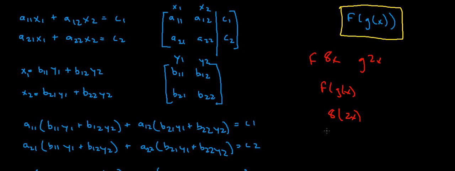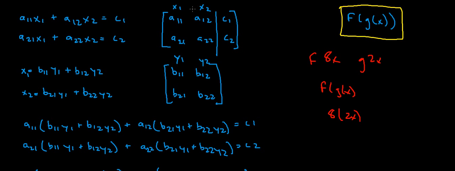So I'm going to continue with this idea, and we'll start over here with just this bland system of equations. a11 times x1 plus a12 times x2 is equal to c1. a21 x1 plus a22 x2 is equal to c2. So my variables are x1 and x2, or you can think of them as x and y.